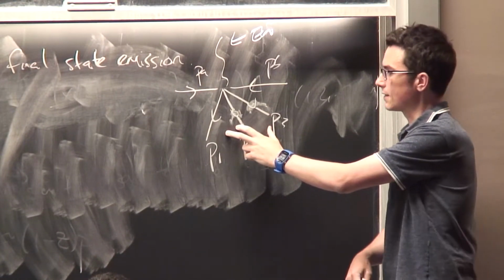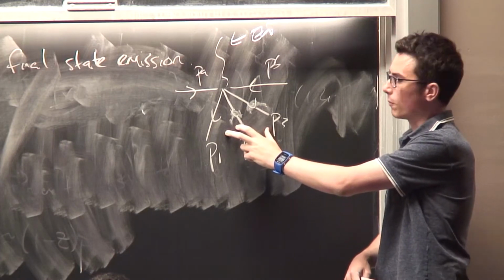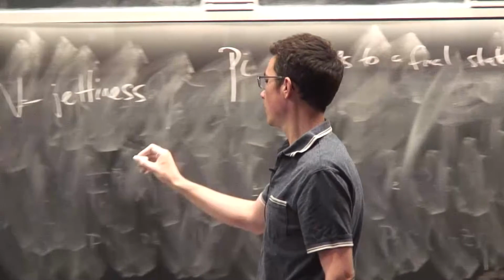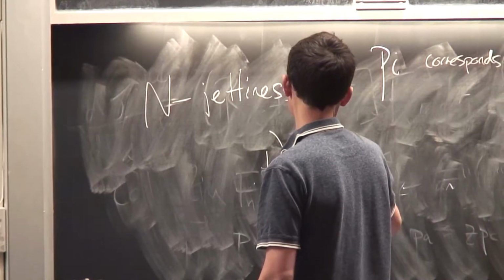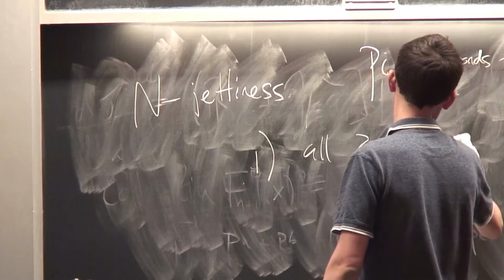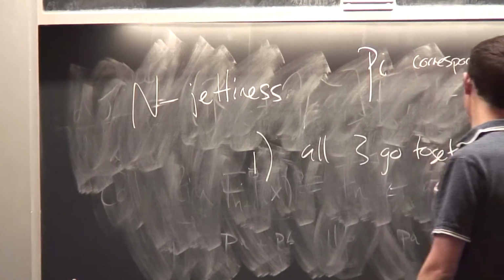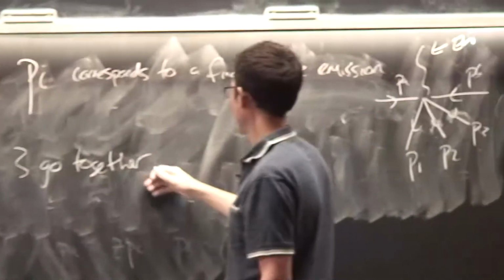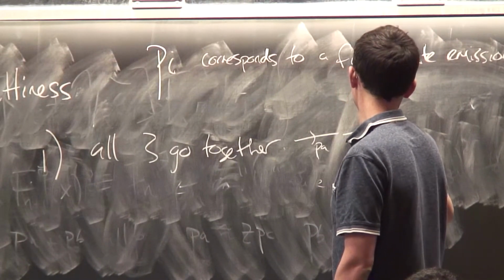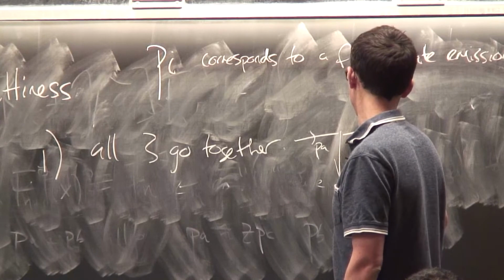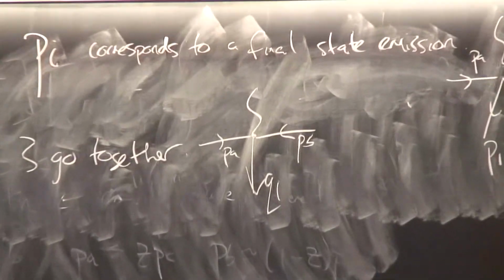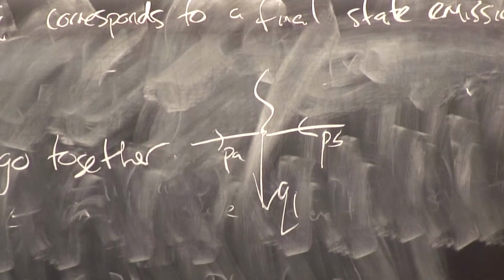Now we have 3 ways in which these partons can cluster together to give us infrared problems, right? So we had situation number 1, where all 3 go together. So I would cluster all of these 3 into 1 new jet. That would be one configuration I could have.